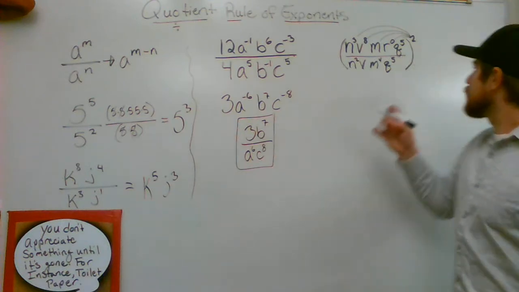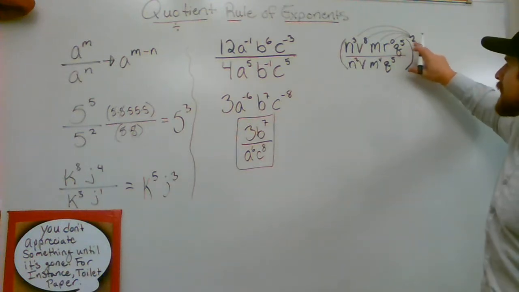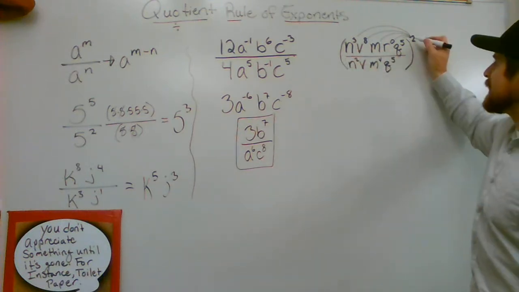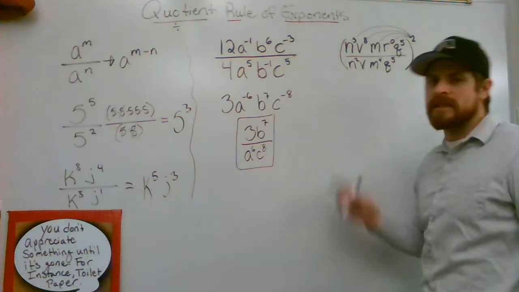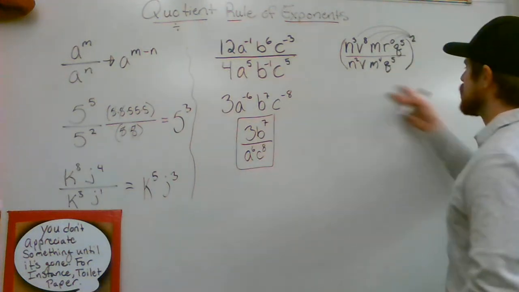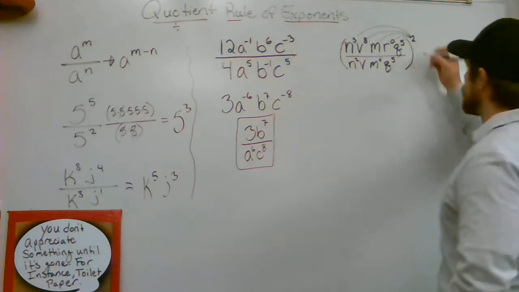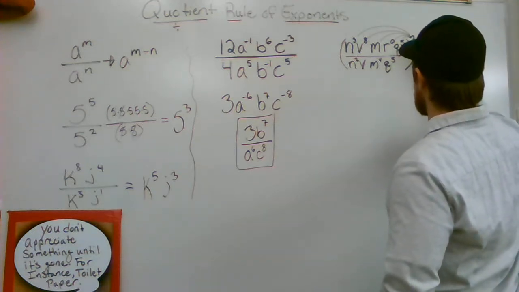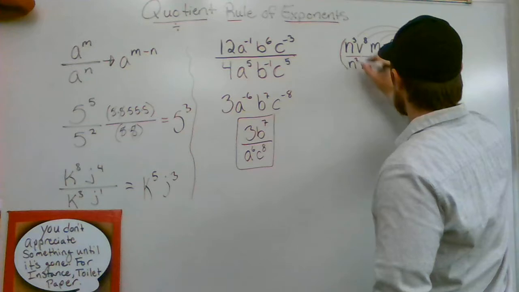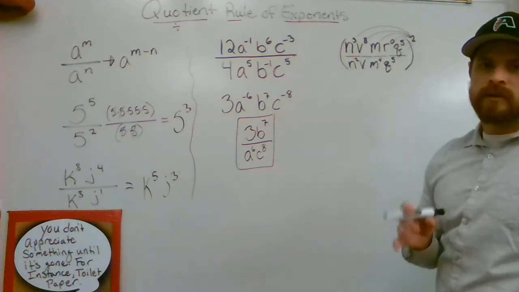That 2 is outside of the parentheses. It needs to distribute using the power rule to each part, each factor of this expression. So now I'm also going to bring that 2 down to the 5, the 4, the v, and the 2.